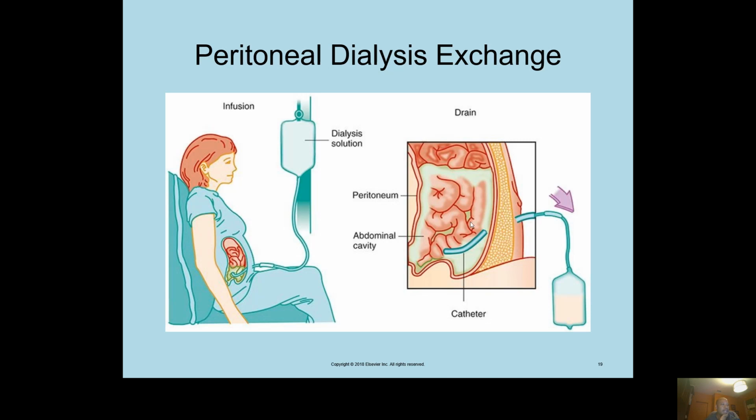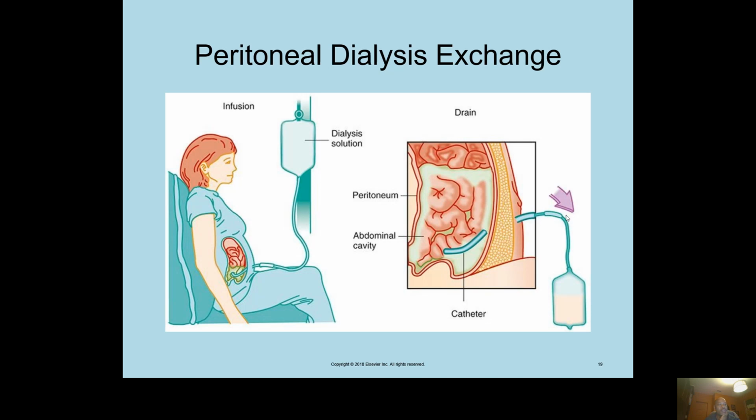When this fluid is infused into this membrane, this is what happens as far as the strength of the solution and its ability to pull off fluids, electrolytes, waste products, and things like that.